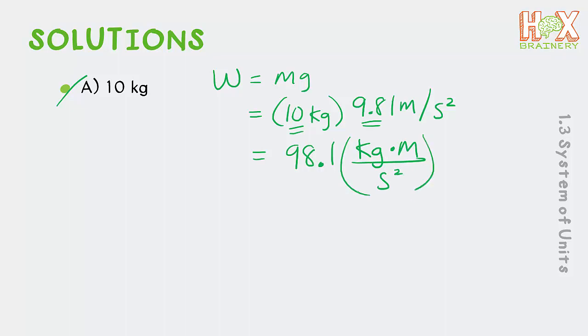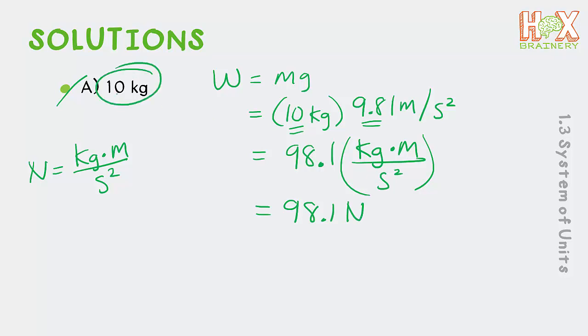And this right here, that's the derived unit, that's the newton. So I'll put that on the side here: newton is equal to kilograms times meters over seconds squared. So I'm going to rewrite this one more time as 98.1 newtons. So if I have an object with mass 10 kilograms, its weight is equal to 98.1 newtons.